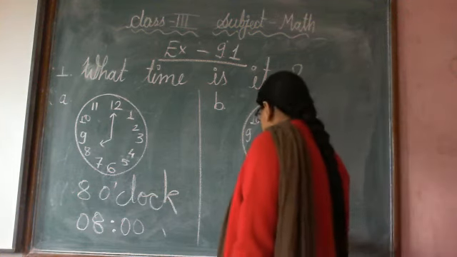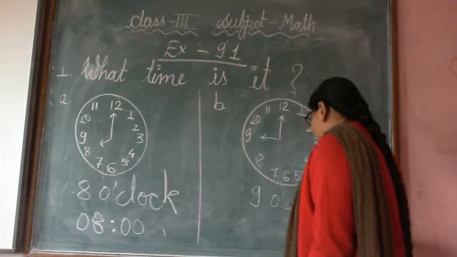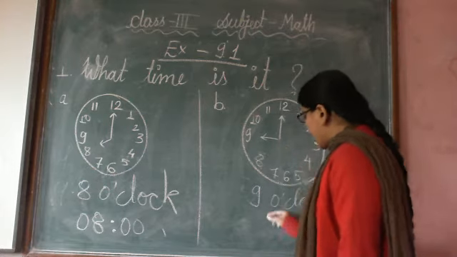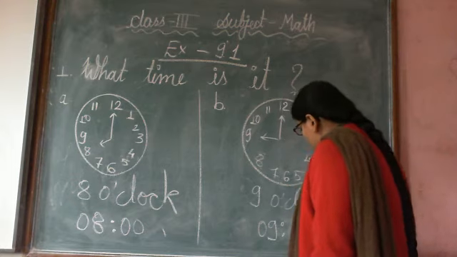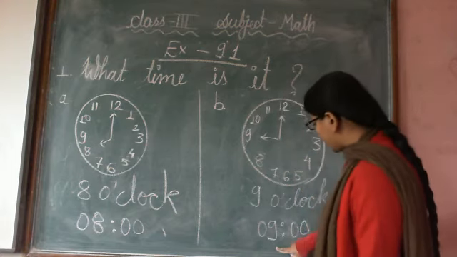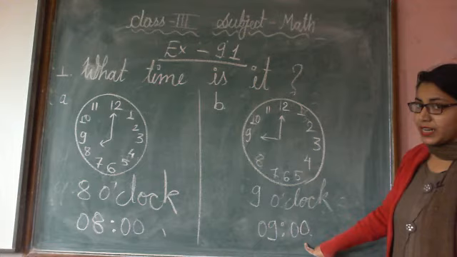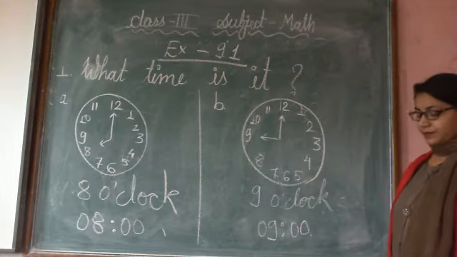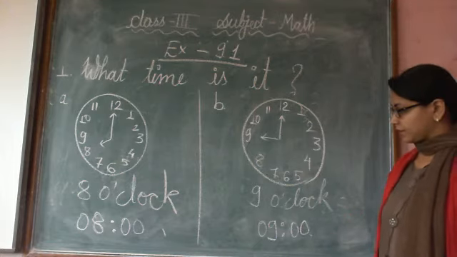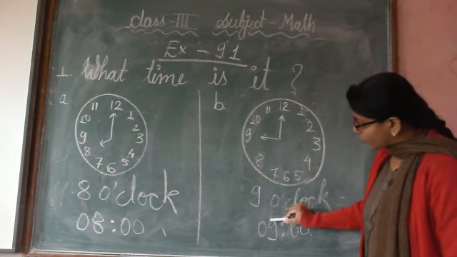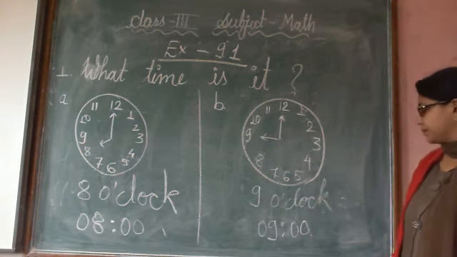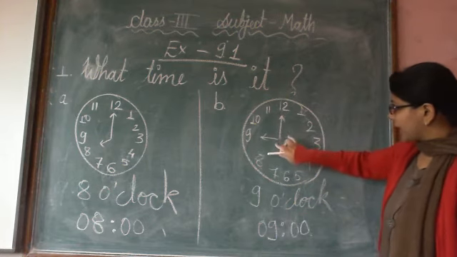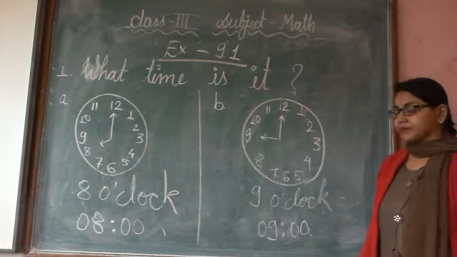The time will be 9 o'clock. The hour hand is at 9 and no extra minutes. So 9 hours 00 minutes. In these two we write the hours and in these two we write the minutes. So 9 hours and 00 minutes.